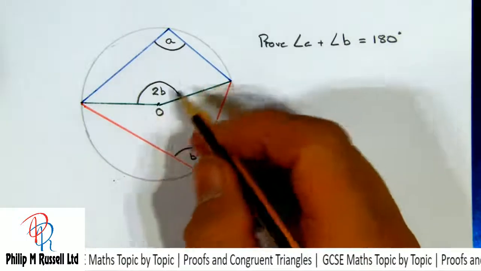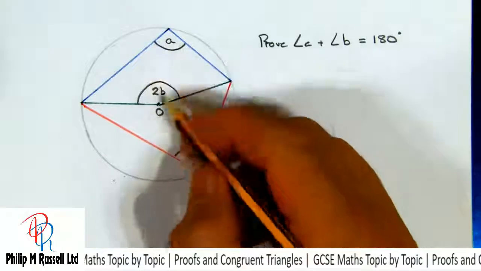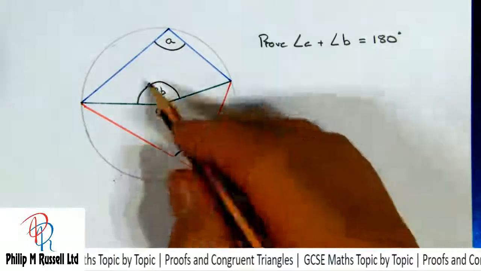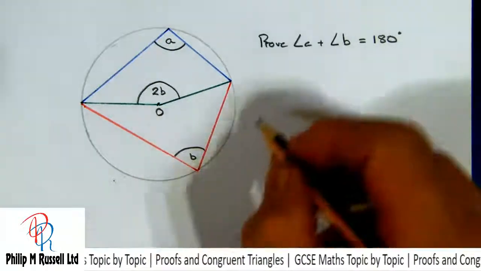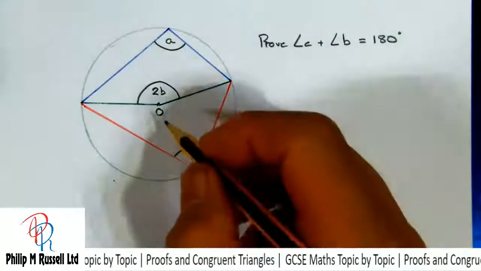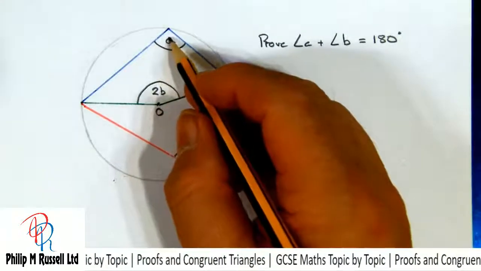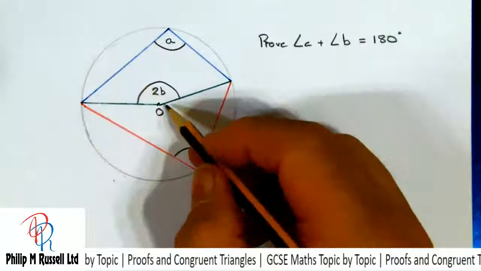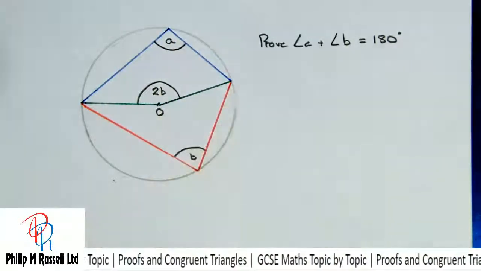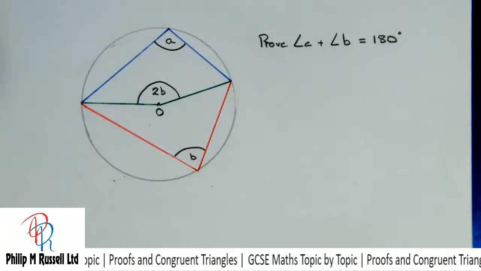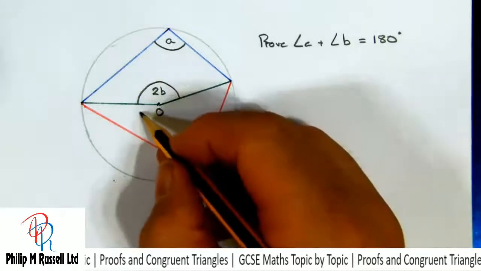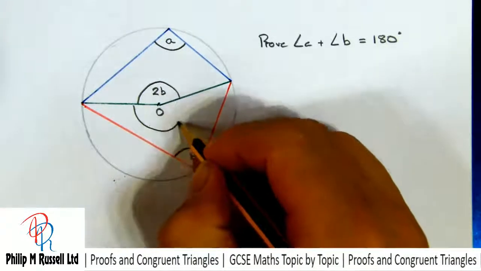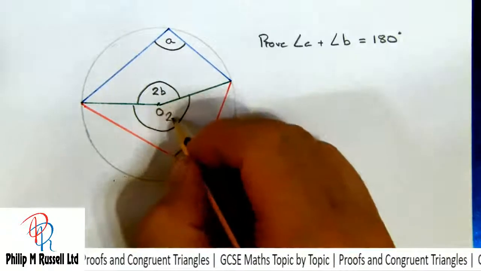And I could go through that extensive proof to try and do this, but we know it is because we've proved the other formula. I also know that this shape is also one of those shapes. So I can say that this angle is 2a.